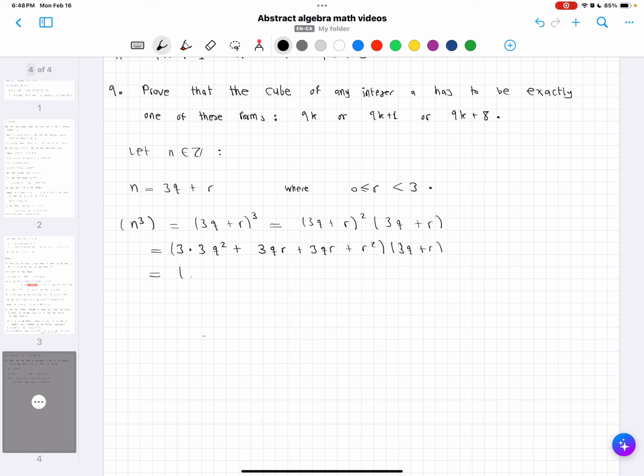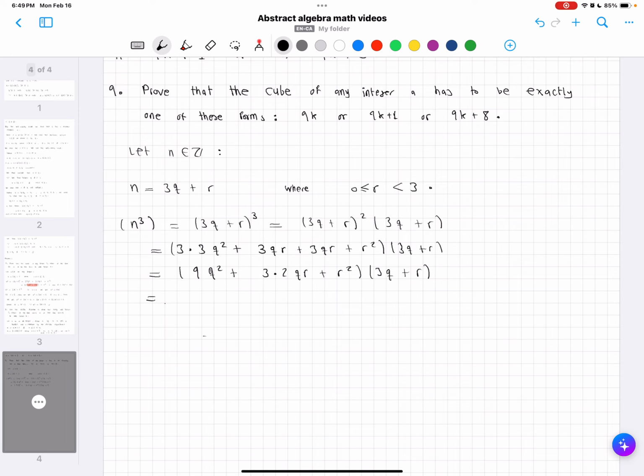Let me put the 3 as the first term. Then what we're left with is the following.